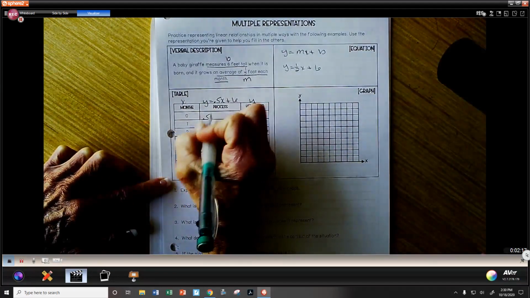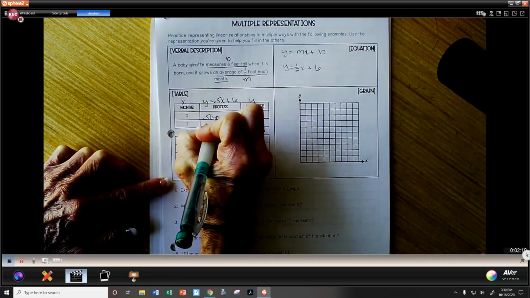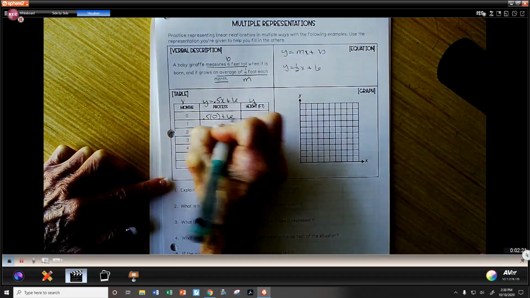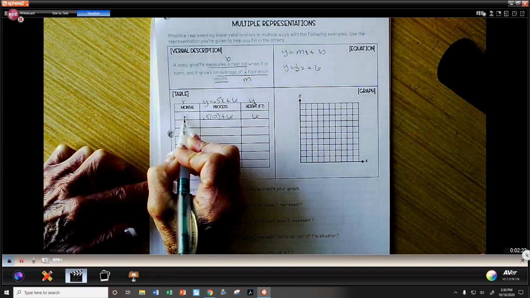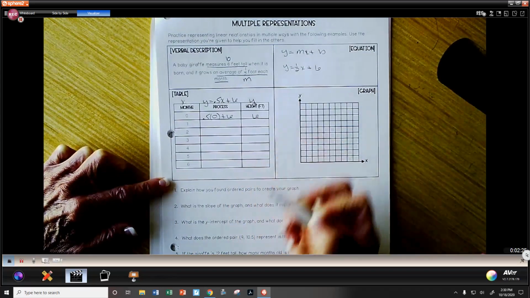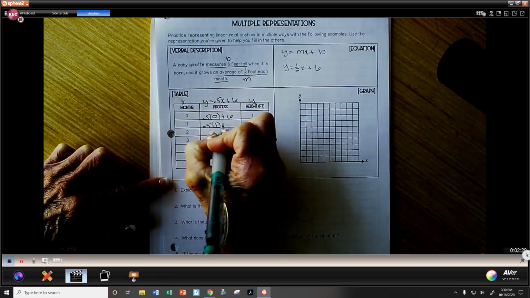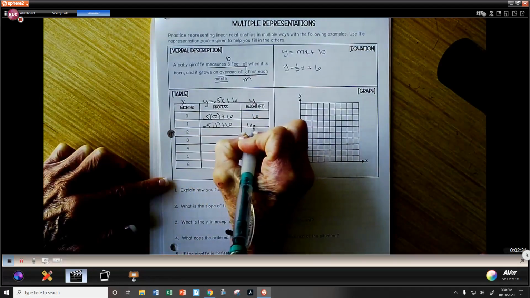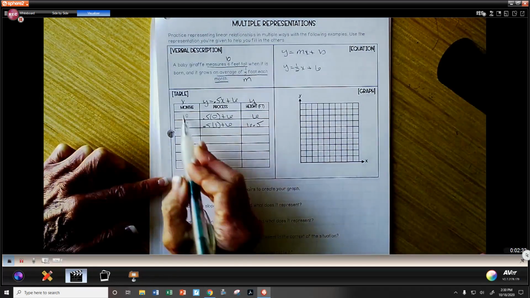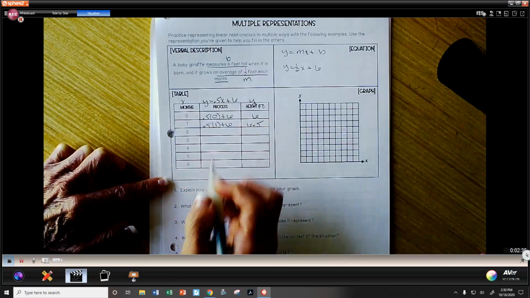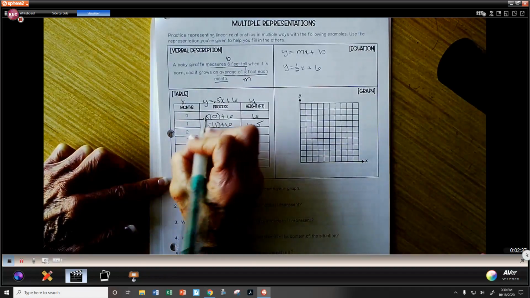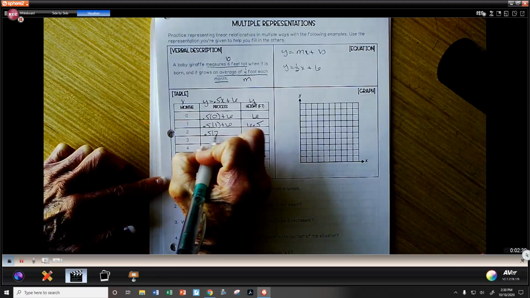So now I'm going to plug this in. I have 0.5 times 0 plus 6. So at 0 months, our baby giraffe is 6 feet tall. At 1 month, it's 6.5. All I'm doing is plugging these numbers in for x. So I'm going to have really 7 problems here.